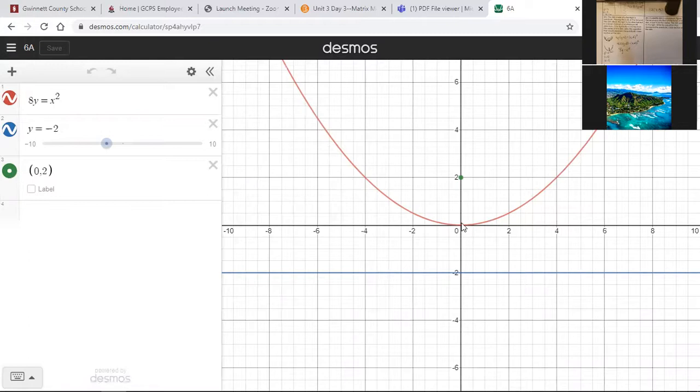My focus is 2 units, so inches, above the vertex. So if I place a directrix 2 units below the vertex, and I just check points. So this is 4 units to the right of the focus and 2 units above the directrix. That seems like a good equation to fit the description that we were given.